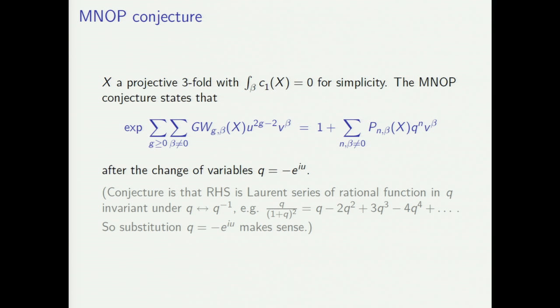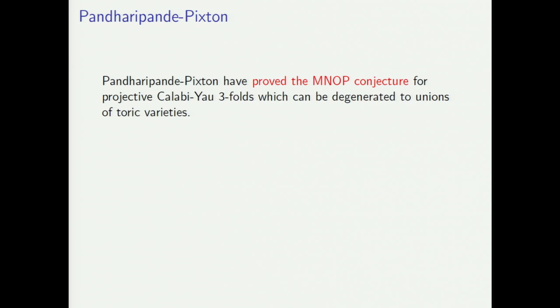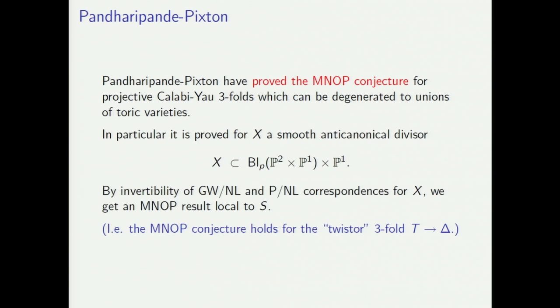But all that matters is it says the content of this theory is the same information, the same data, as the content of this theory. Okay? If you count curves one way or the other, you have the same set of numbers. In terms of individual numbers, it's impossible to deduce anything, but the contents of both theories are the same. And that's been proved by Pandharipande-Pixton for projective Calabi-Yau threefolds, which can be degenerated to unions of toric varieties. So in particular, it's proved for the X that I chose.